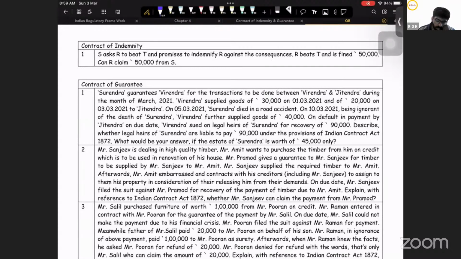S asks R to beat T and promises to indemnify R against the consequences. R beats T and is fined 50,000 rupees. Can R claim 50,000 from S? What is your answer?